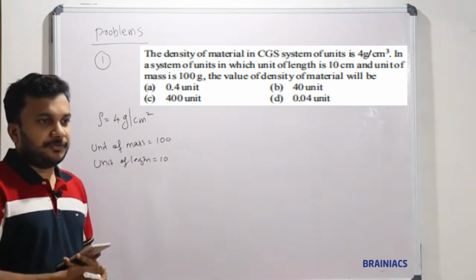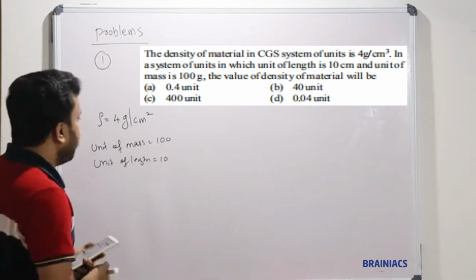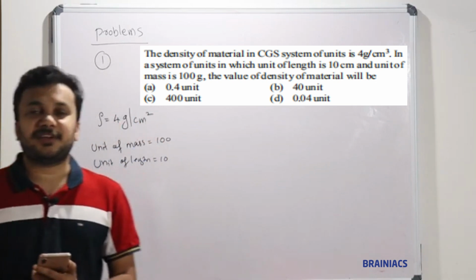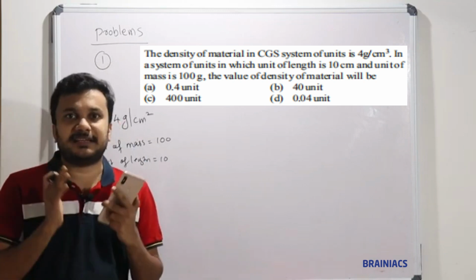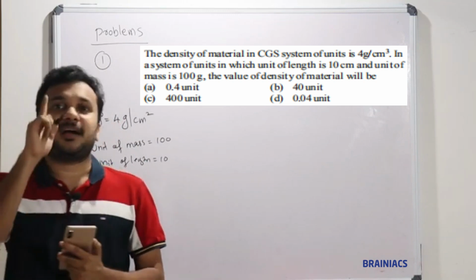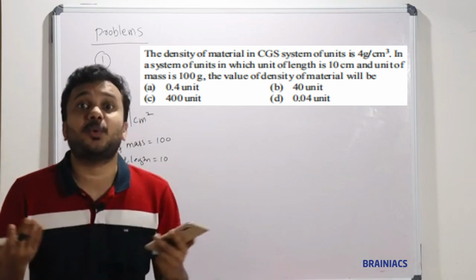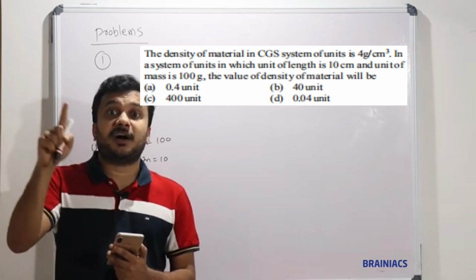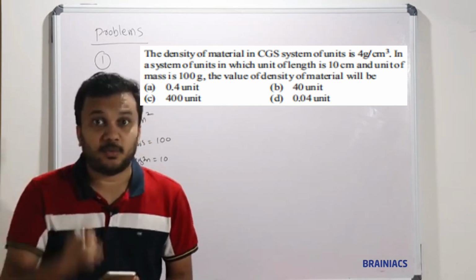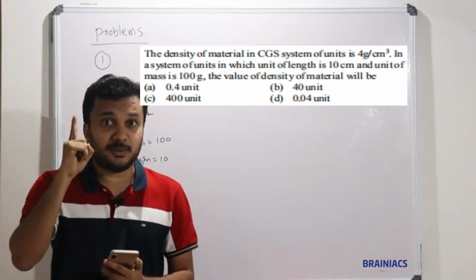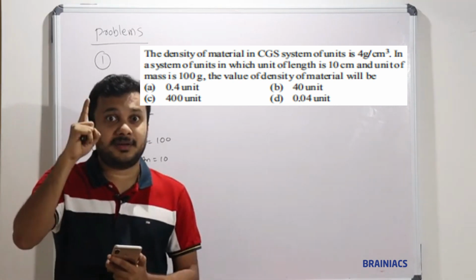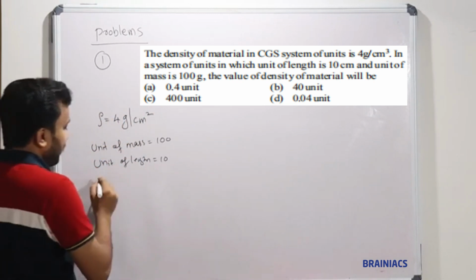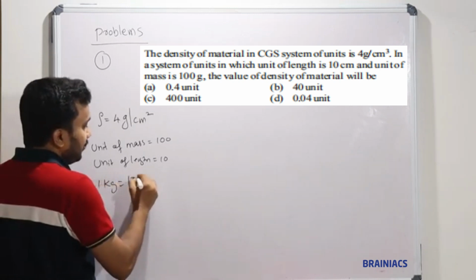Here the unit of mass is given, and the unit of length is also given. Normally if you are converting from one unit to another, for example in the CGS system, 1 kilogram is equal to 1000 gram.